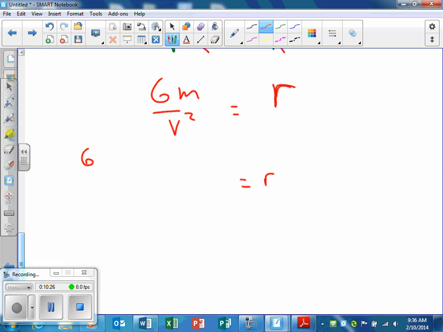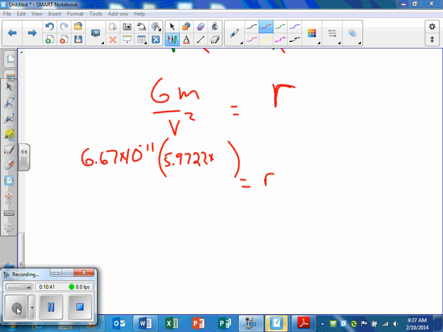So G is 6.67 times 10 to the negative 11. The mass of the earth is, anybody have it on their Google machine, in kilograms? 5.9722 times 10 to the 24th, and that's kilograms, right? Yep.